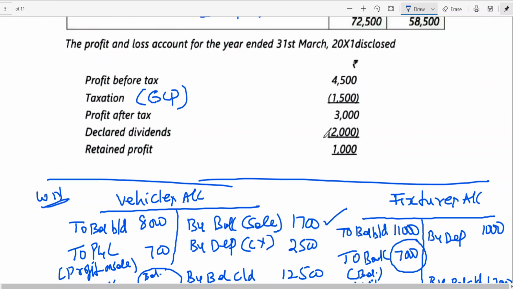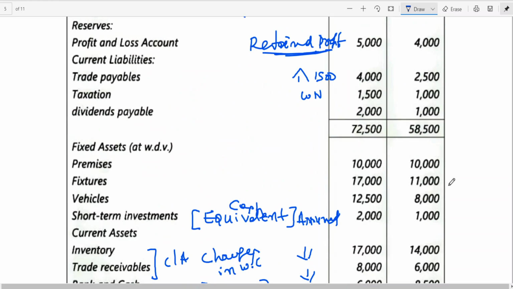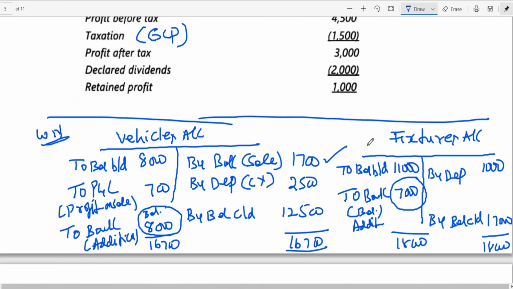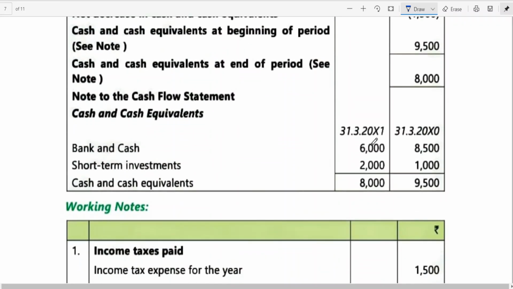Declared dividend 2,000, to that you add previous year outstanding, dividend payable 1,000. 2,000 plus 1,000, 3,000. Treatment will be just like income tax: minus current year dividend payable 2,000. If you take out, dividend paid is 1,000.